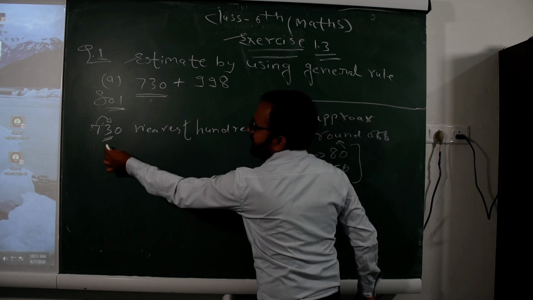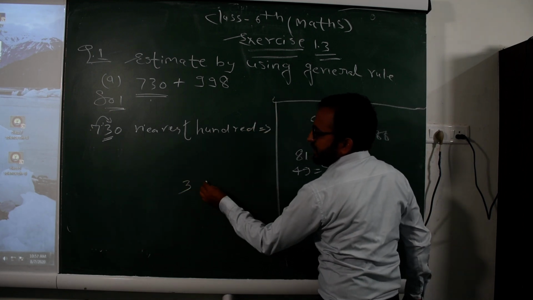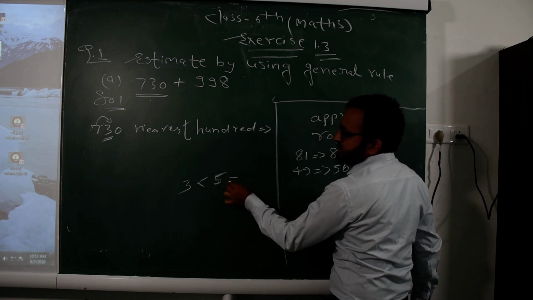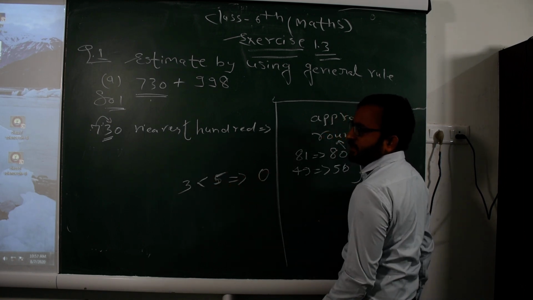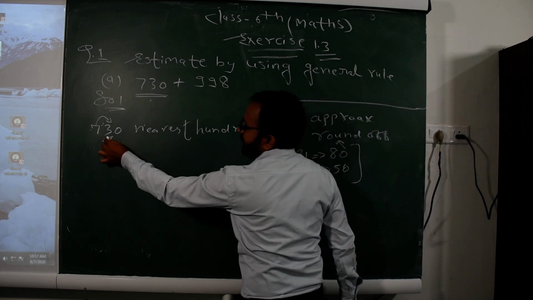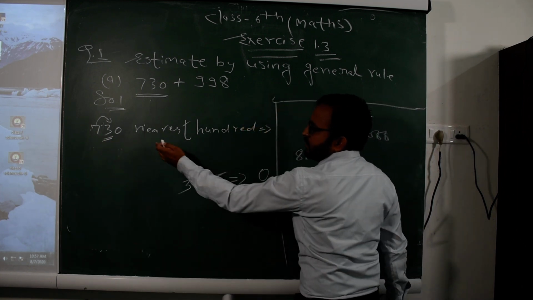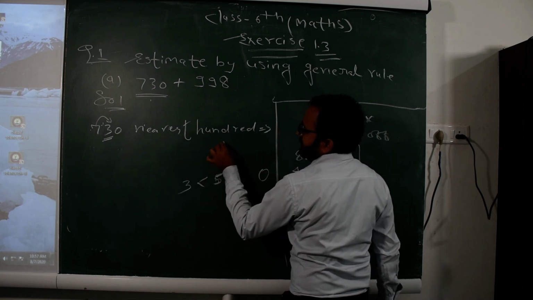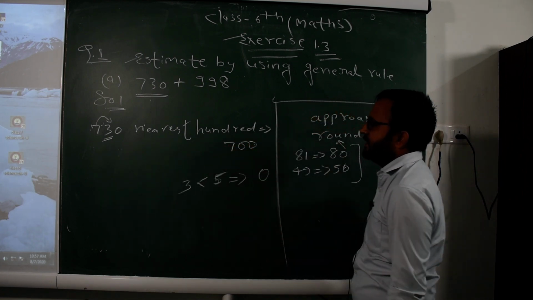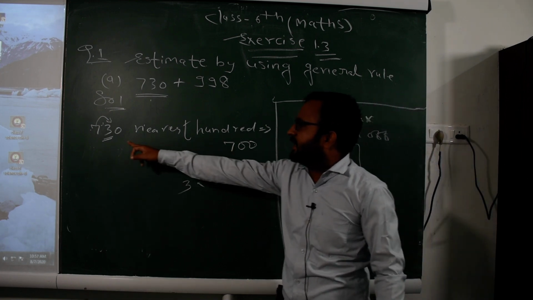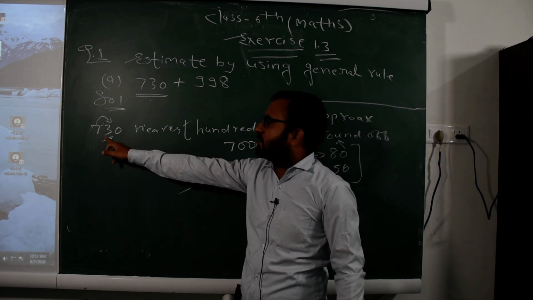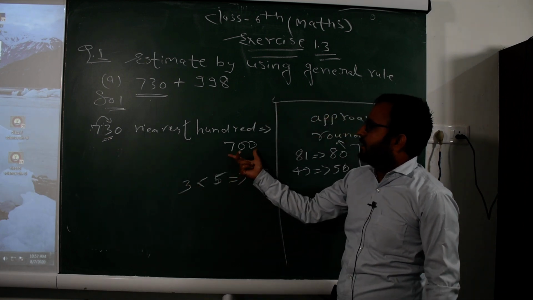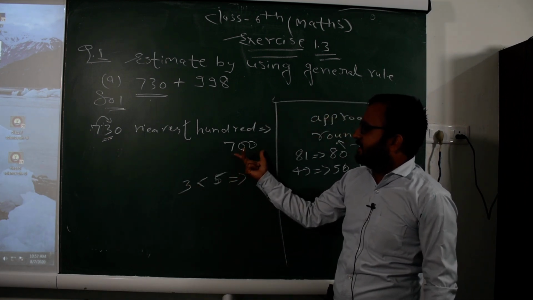At this place the value is 3 and 3 is below 5, so we consider it as 0. So we put 0 at the place of 3. So to the nearest 100, the estimated value of 730 is 700. We just put 0 at the place of this. Because 3 is less than 5, the approximate value is 700.